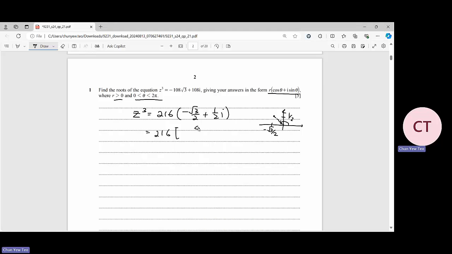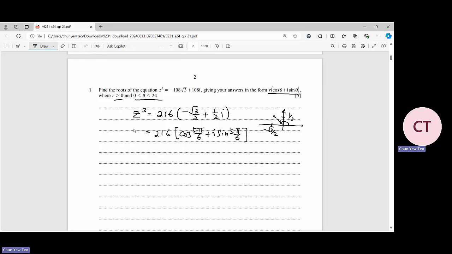This one is cos of 150 degrees and this one is sine of 150 degrees. However, we are going to write them in radians, so we change this to cos of 5 pi over 6 plus i sine of 5 pi over 6.